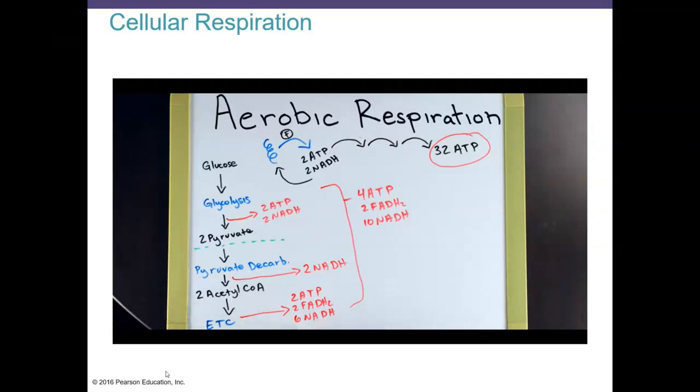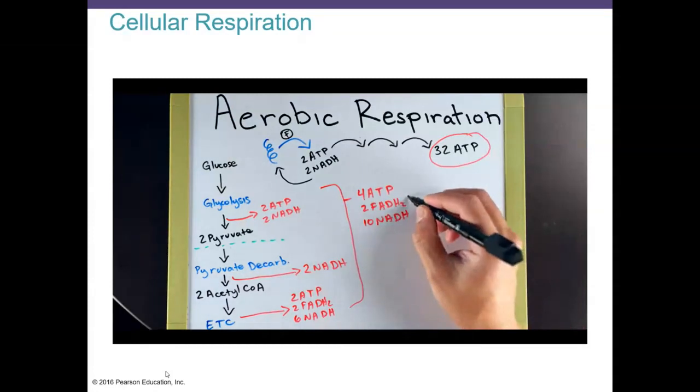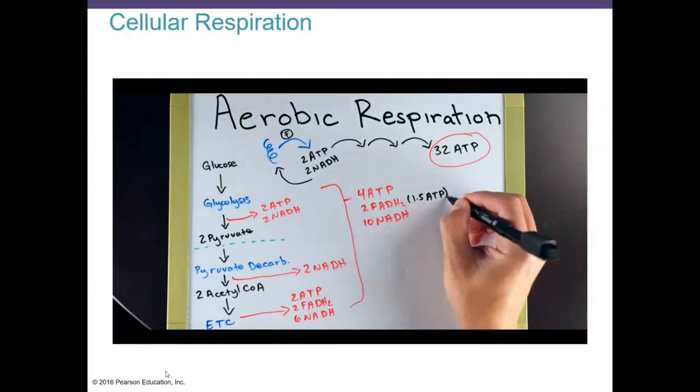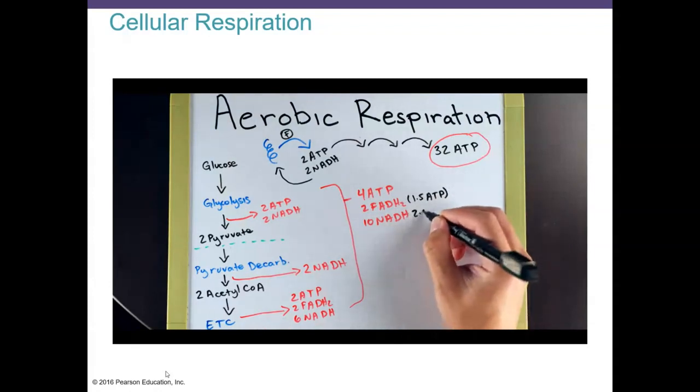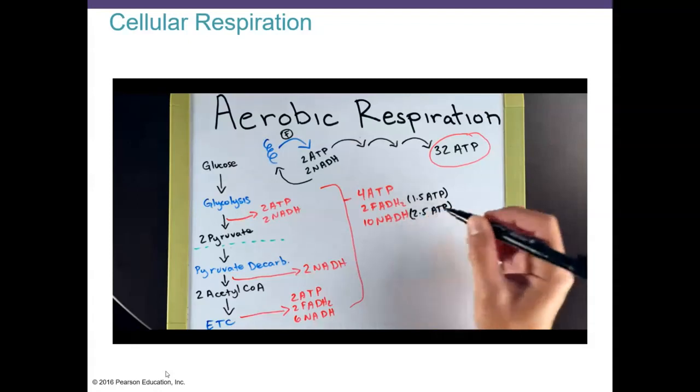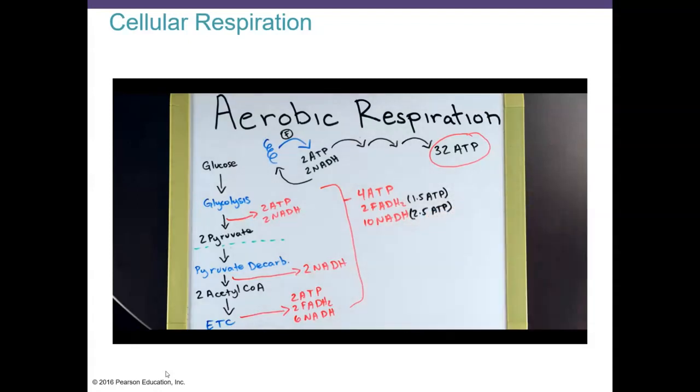FADH2 and NADH. And once those electrons have been transported, we can expect that 1.5 ATP approximately and 2.5 ATP will be generated for each molecule.